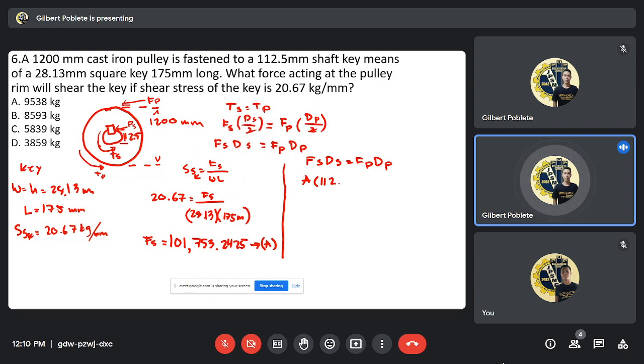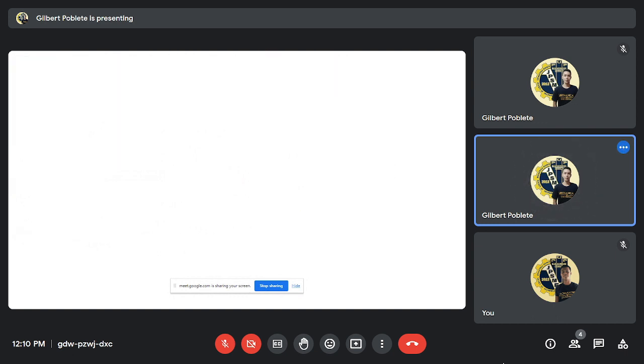Ang shaft natin is 112.5 times the Fp natin plus the diameter ng pulley natin na 1,200. So, meron tayong force ng pulley, makukuha na natin siya. Kuha na natin ito dito.